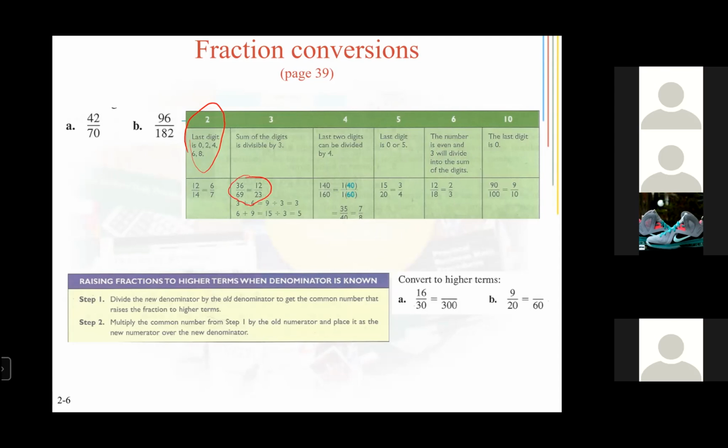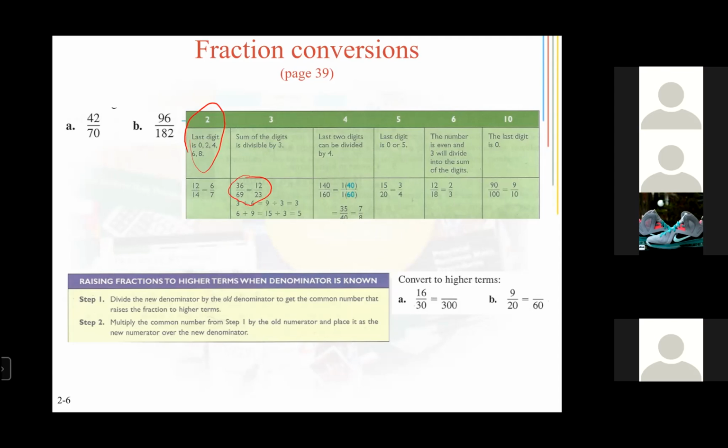And for 69, 6 and 9 is 15, and 15 is divisible by 3, so 69 is also divisible by 3. Okay? So anytime you add up all the digits of a number, if the sum of the digits is divisible by 3, the number itself is divisible by 3. That's a quick way to decide if it's divisible by 3.